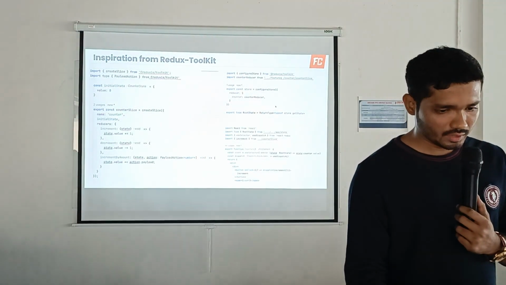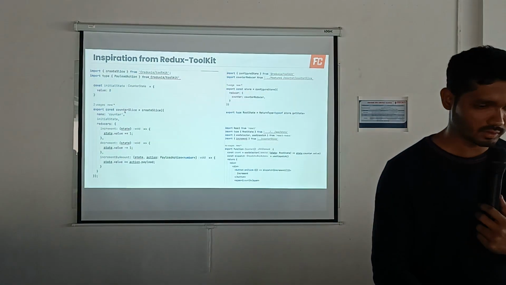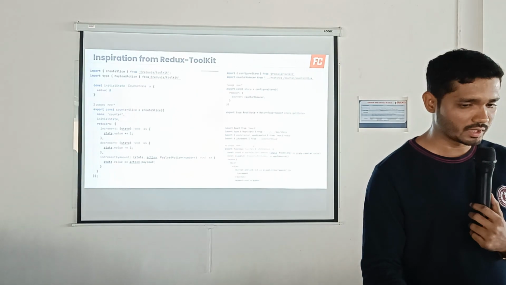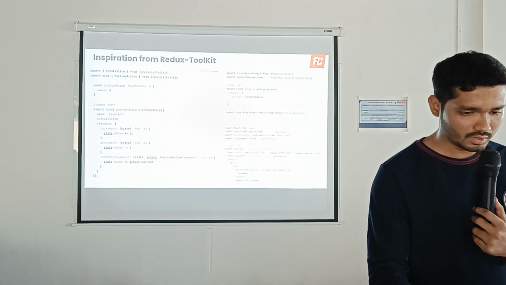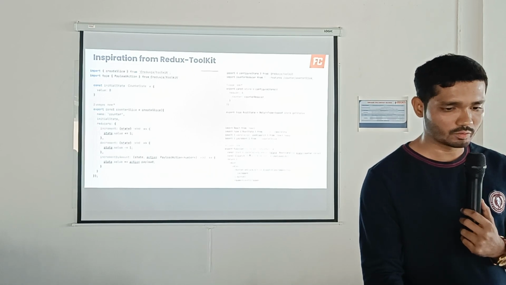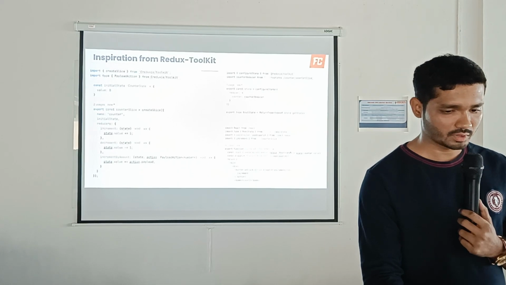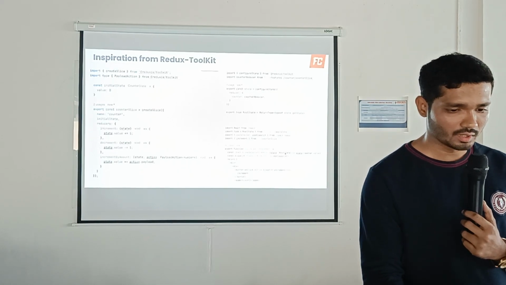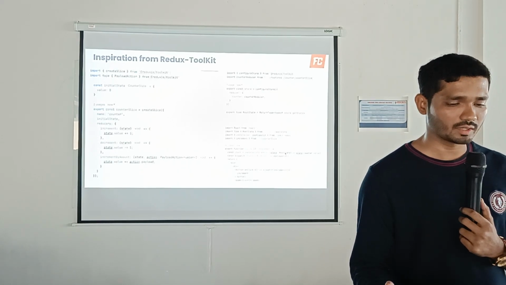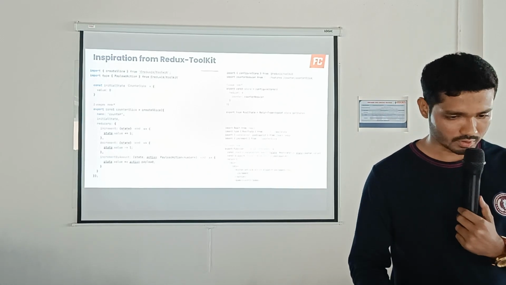Secondly, if you want to use the slices in your view, this is basically a view example. You can see this is a counter function, and if you want to use the state, you have to use useSelector. Now here also, we are importing types, state dot RootState. We wanted this to be inferred, right? Why do we have to continuously import it from other places and then use it?